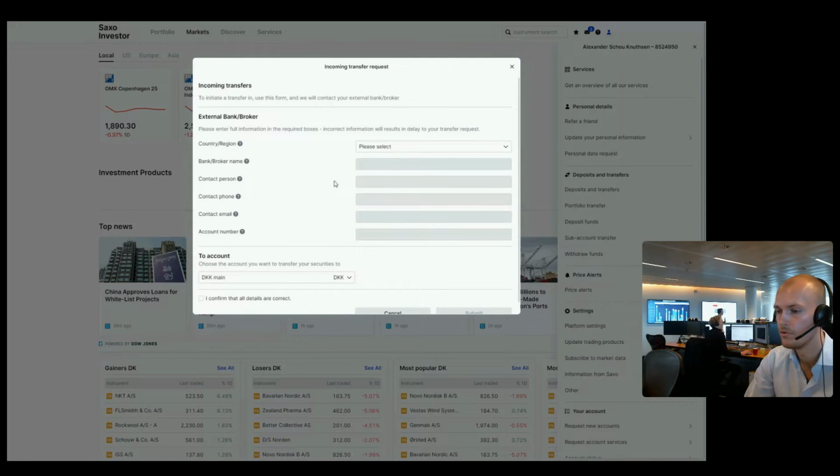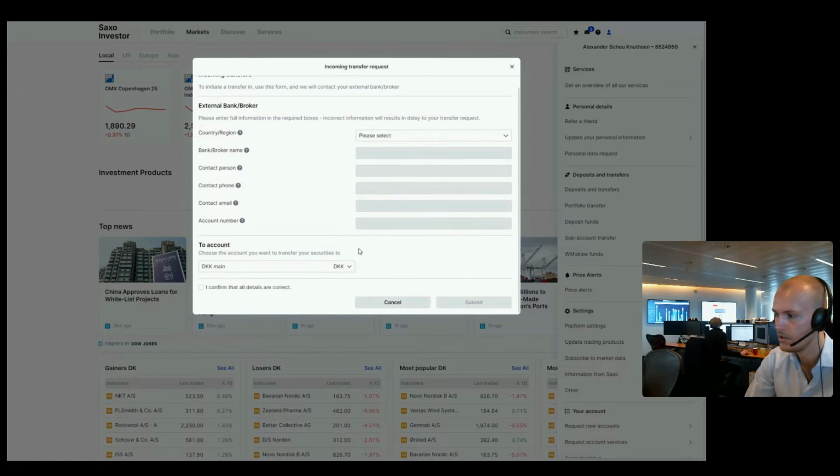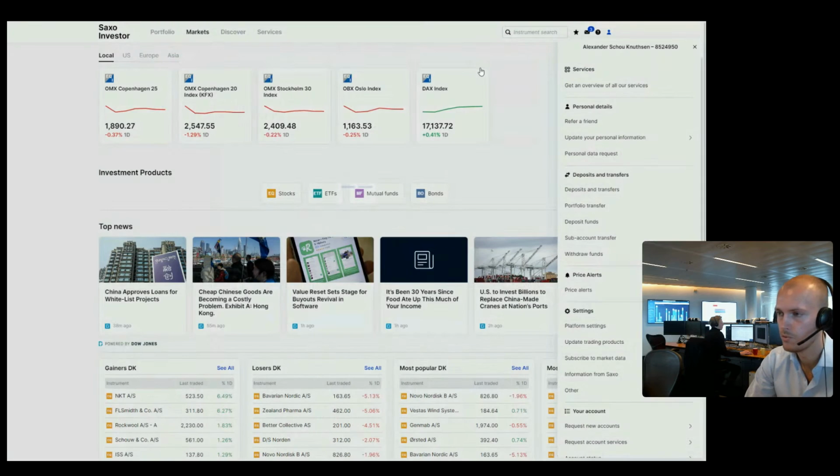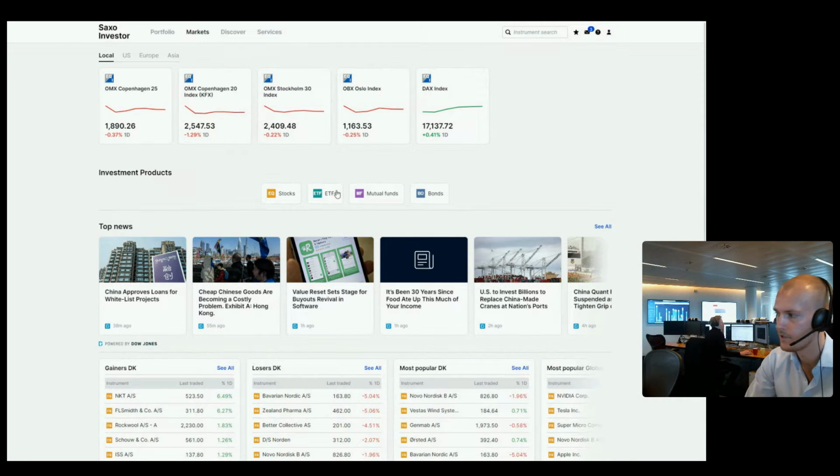Here you type in the name of your bank, a contact person, contact email, and confirm that all details are okay, and we'll send a request to the other bank saying that, hey, we have a mutual client who wants to transfer their portfolio over to us. Please make sure that this happens. It takes a couple of weeks, but the end result is really good.